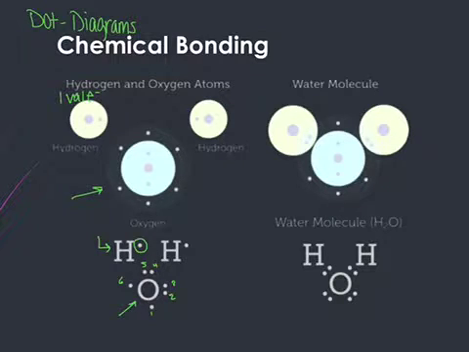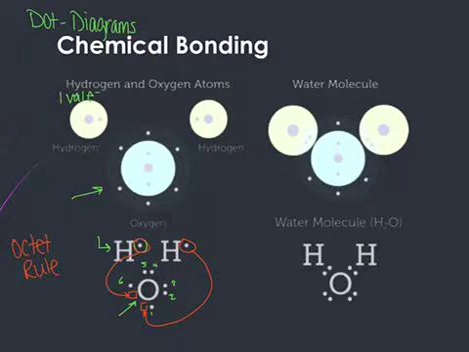So when a water molecule forms, we have 2 hydrogen atoms and 1 oxygen atom contributing their valence electrons. And so the valence electrons like to be paired up when they do this bonding. And so we can see that there's an open spot here and an open spot there. And so this hydrogen electron will probably slide in and pair up there, and this hydrogen electron will slide in and pair there. And so this satisfies the octet rule.